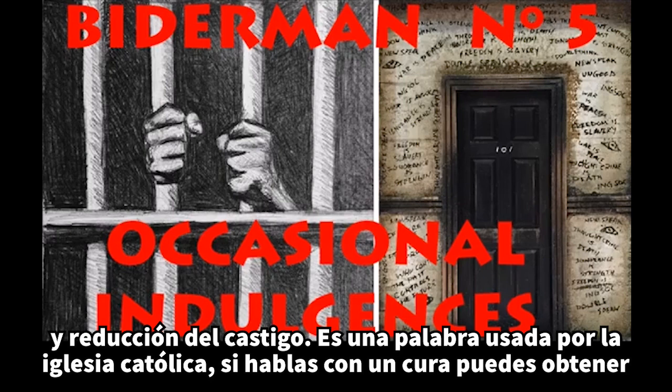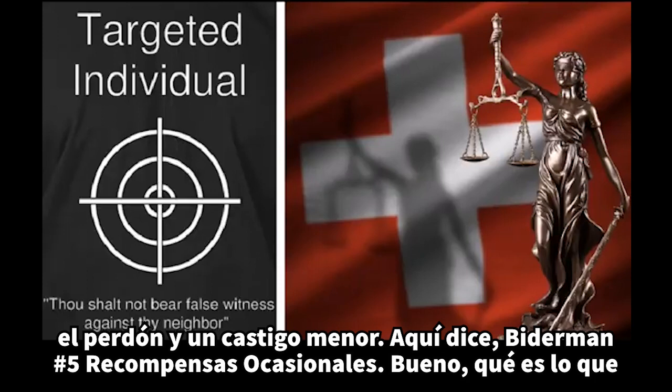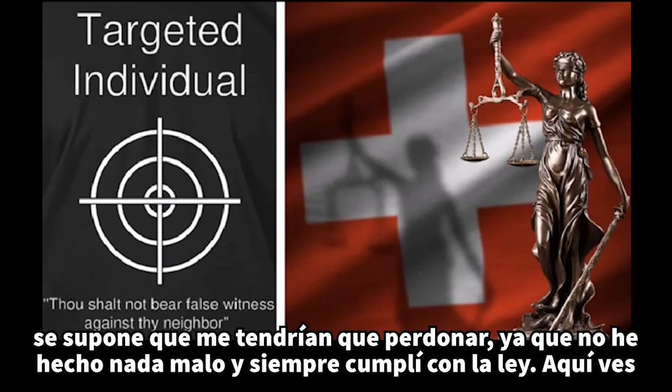If you talk to a priest, you might get indulgence and lose the penalties. So here it says, Biderman number 5, occasional indulgences. Well, what were they supposed to forgive me for anyway? Since I've done nothing wrong and always abode by the law.